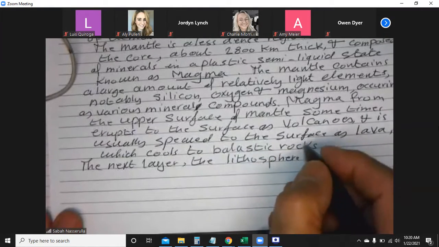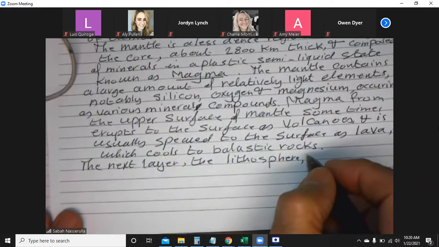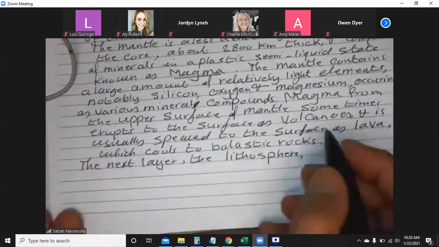The lithosphere basically is only about 80 kilometers thick, something like that.